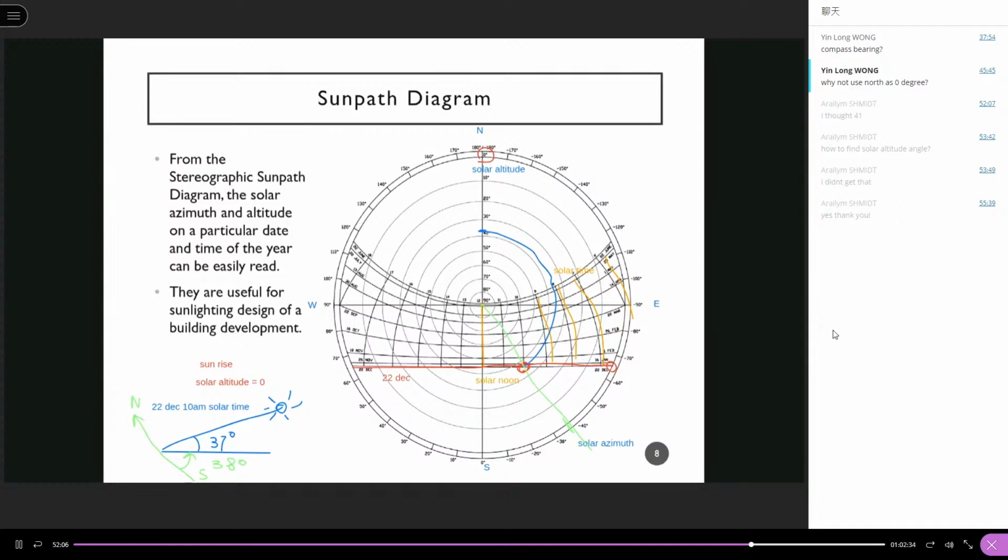So this is how we can locate it. Let me erase everything. The mark for 40 is missing. How come? I think 40 will be around here.